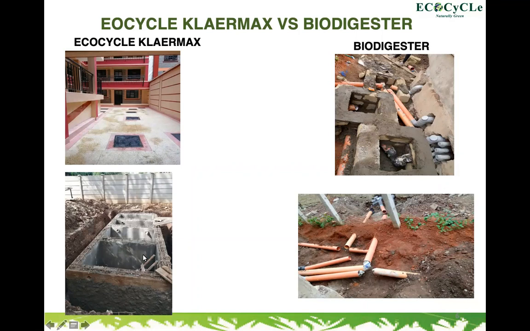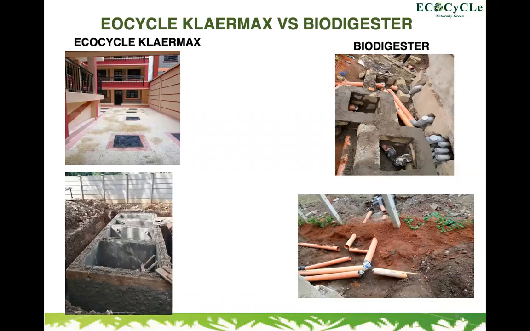Yes, so you see the transfer sleeves are the small holes that you can see on the walls of the chambers. So these are what we anchor our airlift pipes to, which we use to transfer sewage from one chamber to the other, contrary to the normal biodigester, which we can see has a network of pipes. So in those, sewage is also passed from one chamber to the other as they try to filter out the solid part of the sewage and separate it from the liquid part before letting it out into the environment.